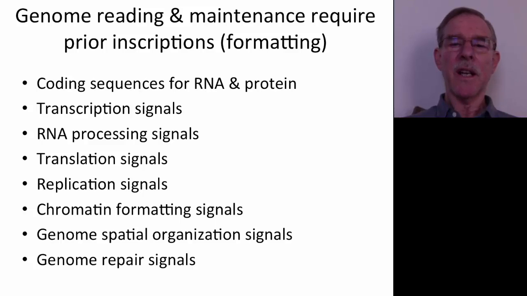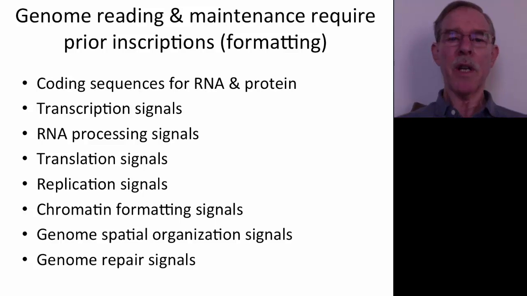So what kind of information does the genome contain? Naturally, it contains coding sequences for RNA and protein structure, but it also contains signals for transcription, signals for processing RNA once it's been transcribed, signals for translating the RNA into protein, signals that regulate DNA replication so that it occurs once and only once during each cell cycle, signals that influence chromatin formatting for long-term memory, and signals for spatially organizing the genome within the cell.